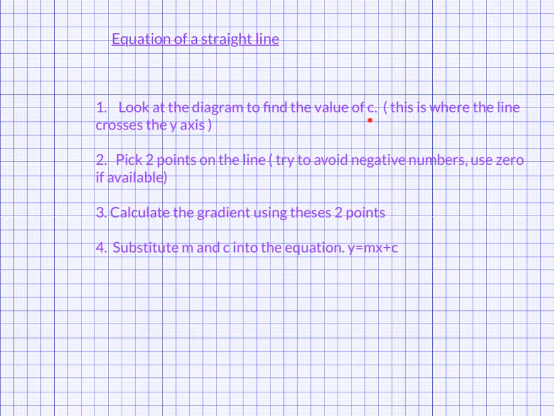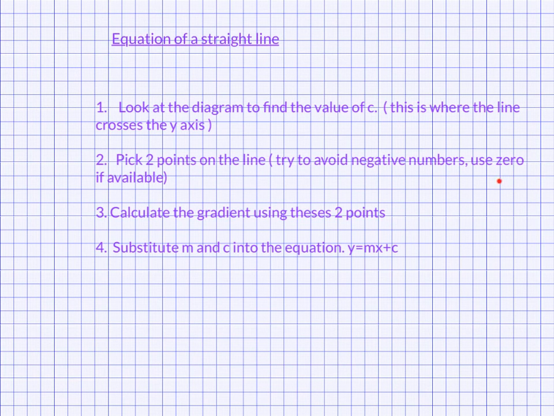So you just want to find the y coordinate there. Then you pick any 2 points on the line. Try to avoid negative numbers. You can use negative numbers, but it just means when you're calculating the gradient, there are more opportunities for error. So if you can stick to positive numbers, that's the easiest thing to do.